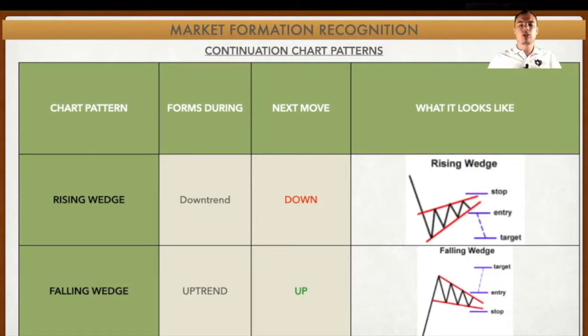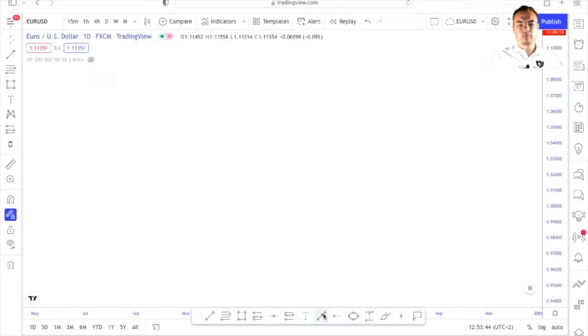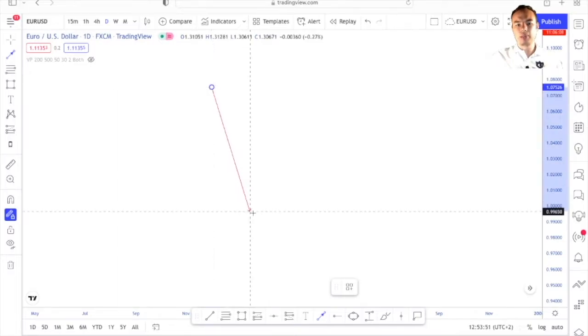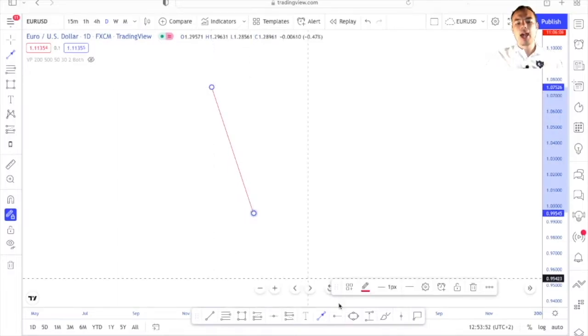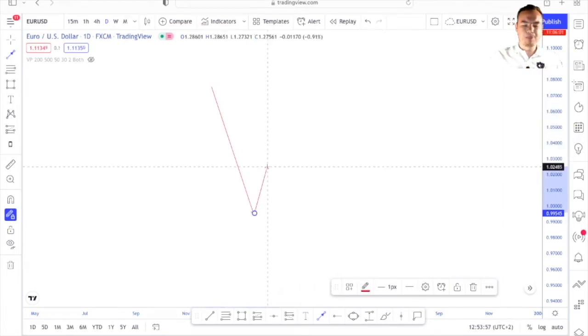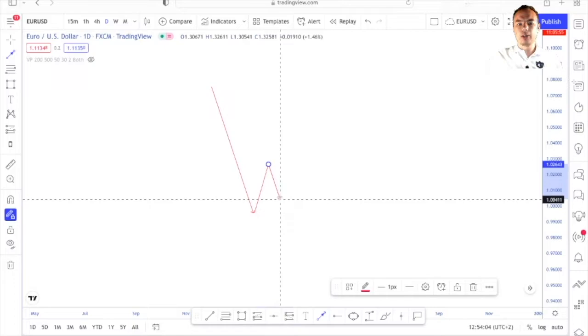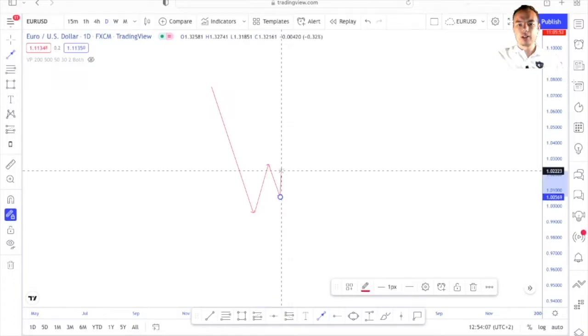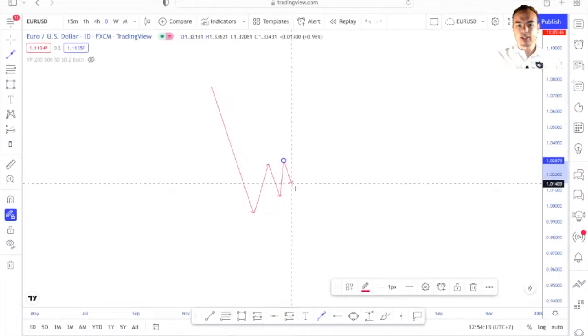So let's go on the chart quickly. Now, basically with a rising wedge, you'll have a big impulsive move to the downside. And then what will happen is it'll make a lower high. And then it'll make a higher low. Then higher high, higher low.